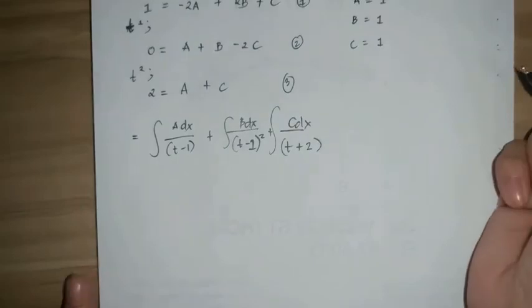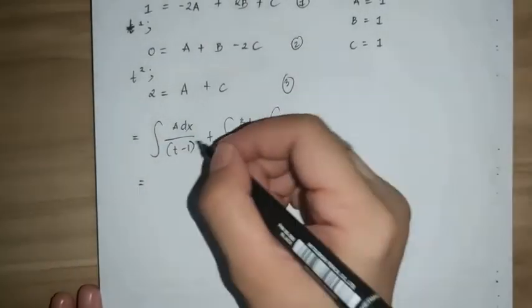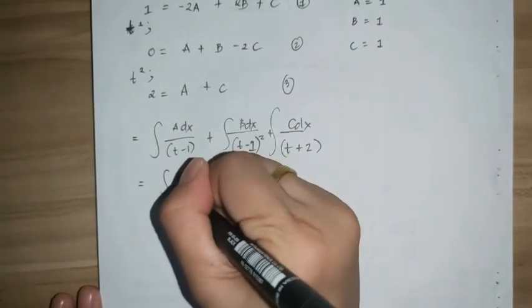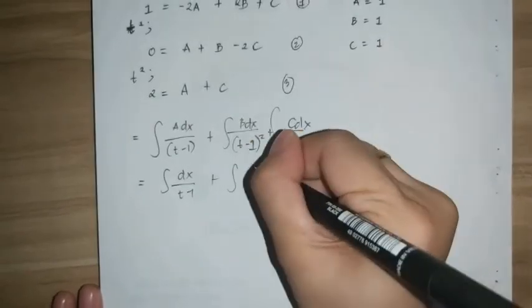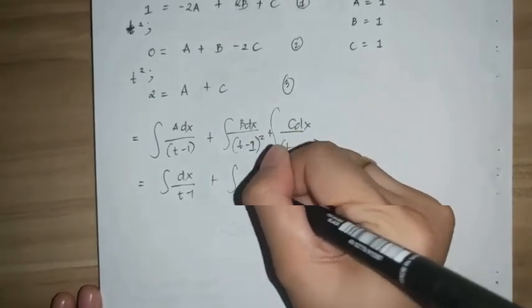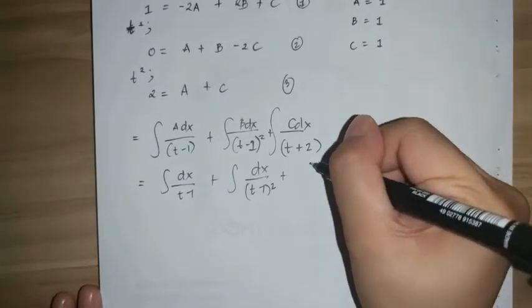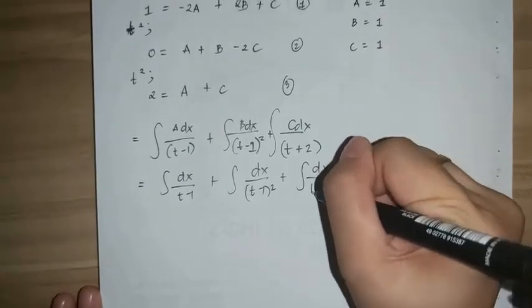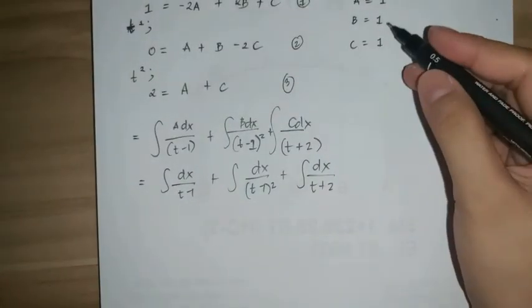So now we could substitute the values. We have dx all over t minus 1 plus dx over t minus 1 quantity squared plus dx all over t plus 2. We just have 1 for each.